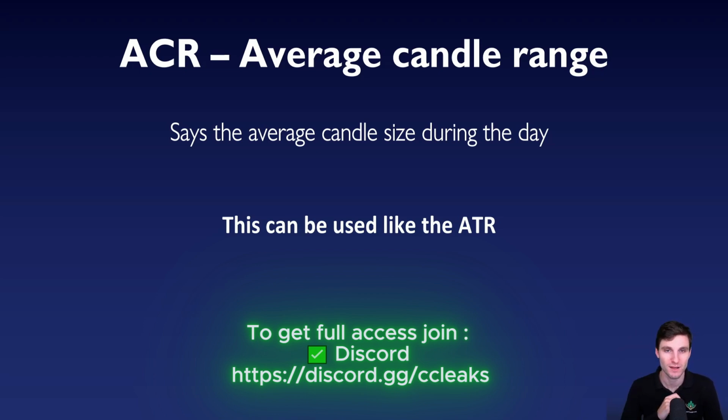Obviously, we get 48 in a day because we have a 30-minute time frame. Every column is 30 minutes in a TPO chart. So 48 in a day, and we're taking the average of those 48 candles and it's giving us a low to high size of the candle, basically.